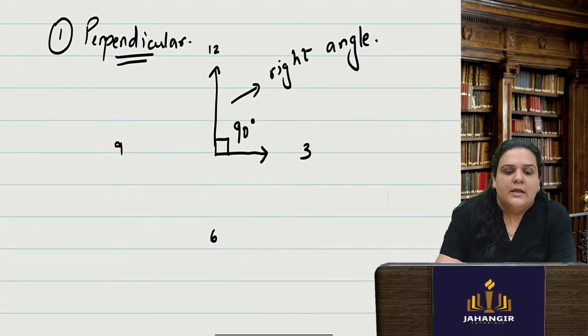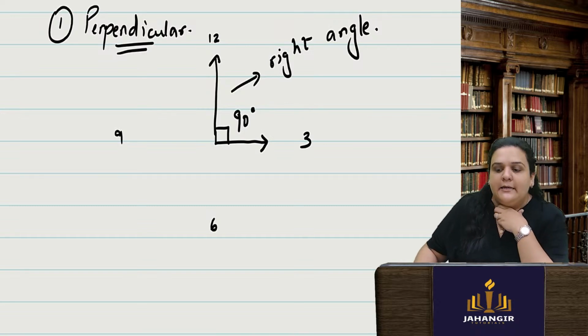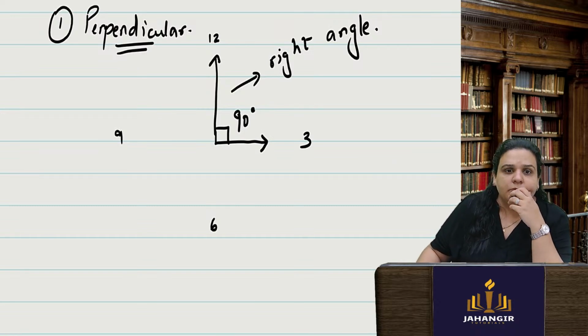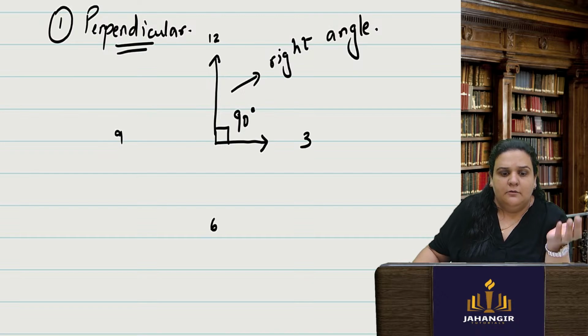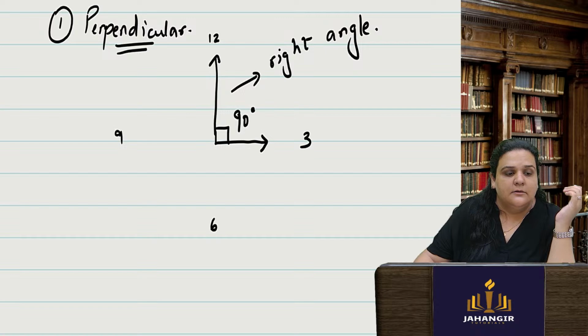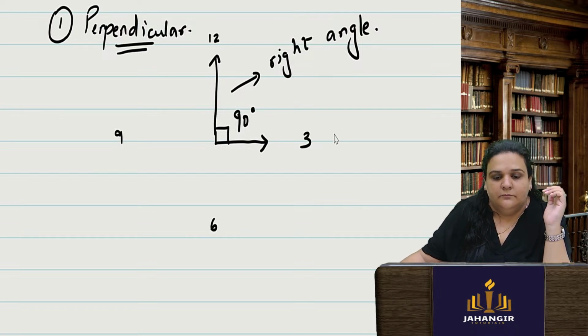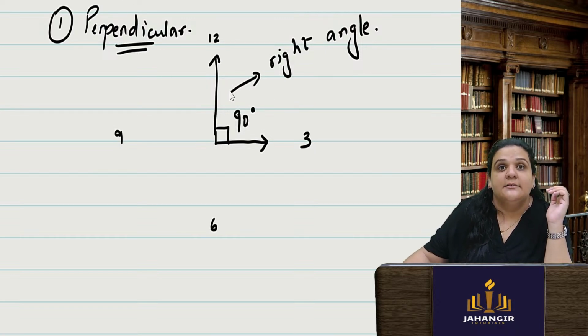So according to you all, what is the time right now? It can be 12:15. No, sorry, it is 3 o'clock. Why? Because the minute hand is the longer one, so the smaller hand is here. So it is 3 o'clock.